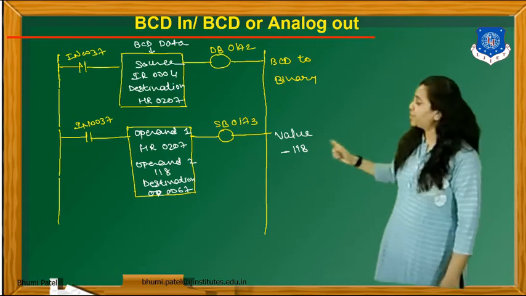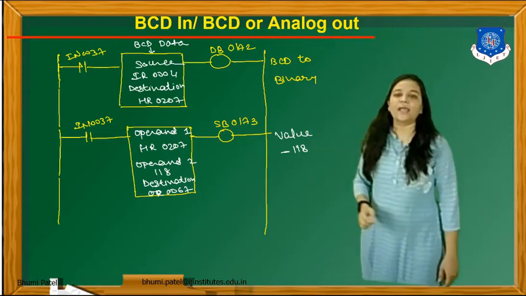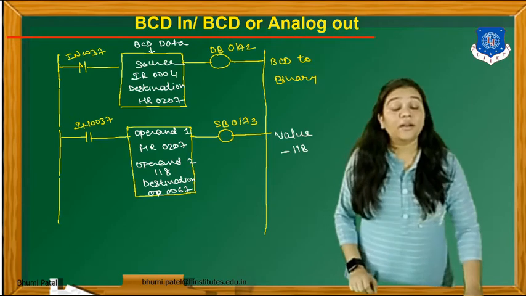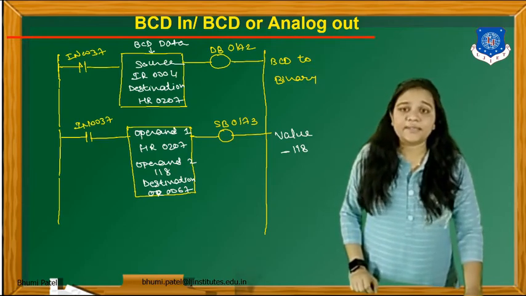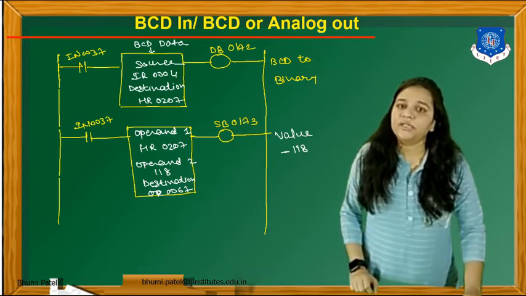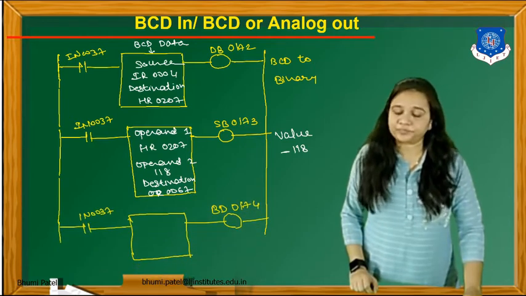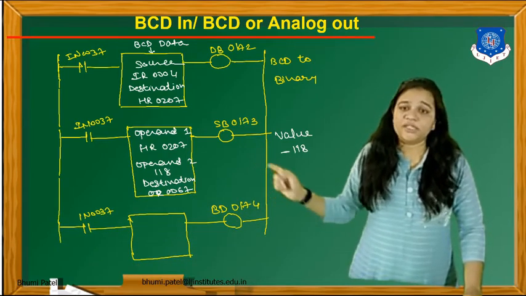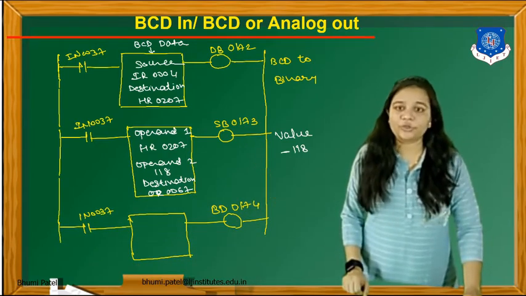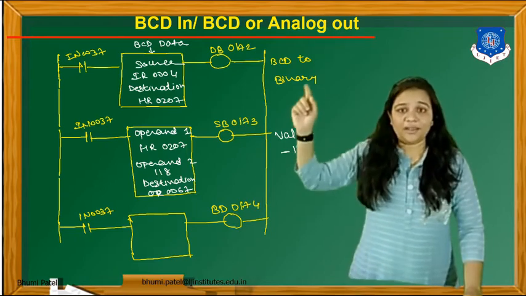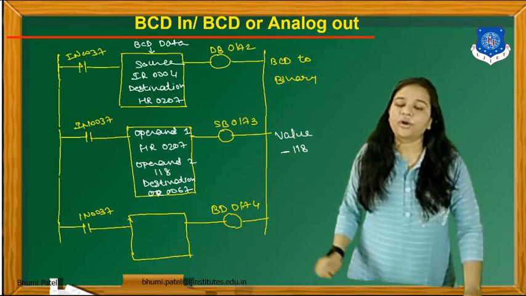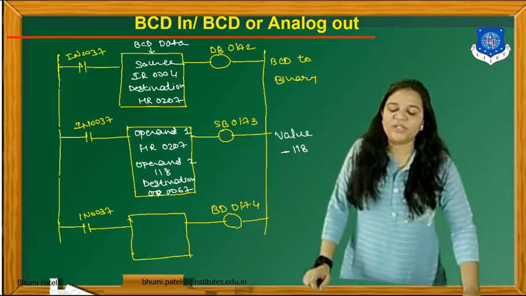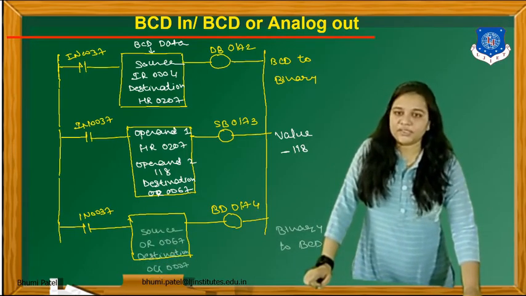So here instead of 118 you have to write 180, and the command for the subtract is SB0173. Okay, the value is in the form of binary, so we have to convert this binary number into BCD. The command for binary to BCD is BD0174.